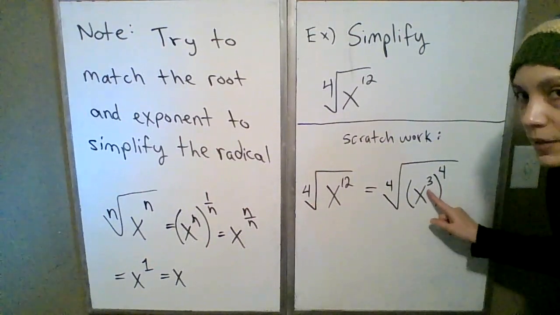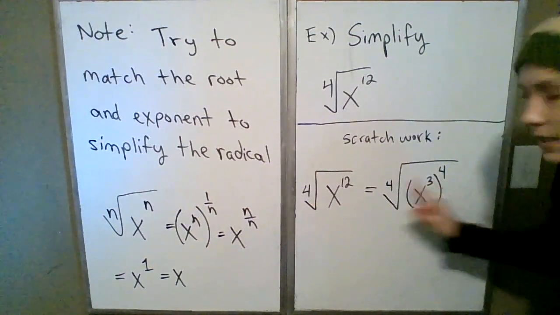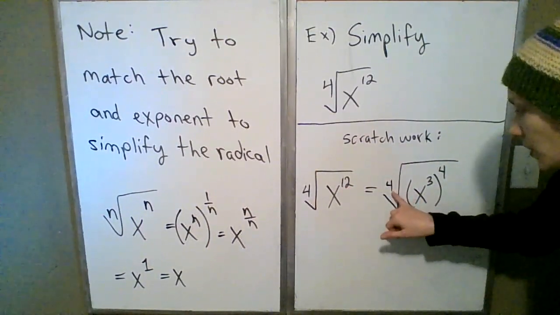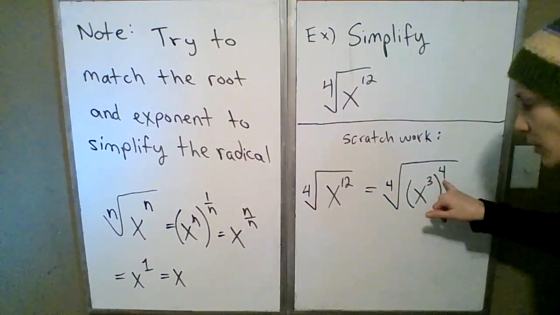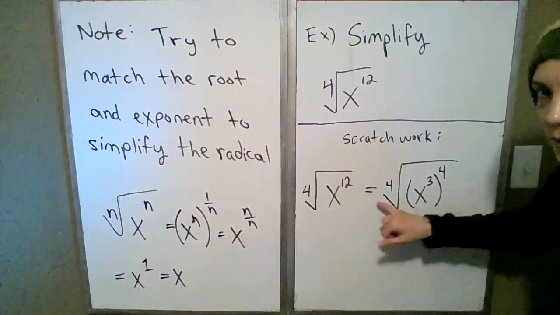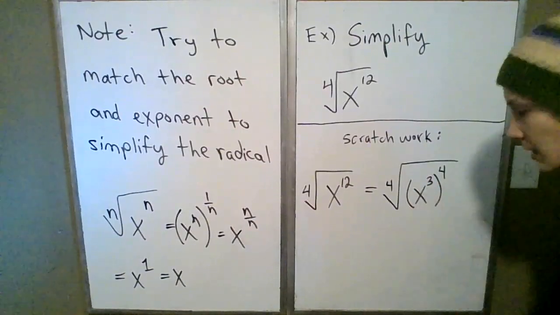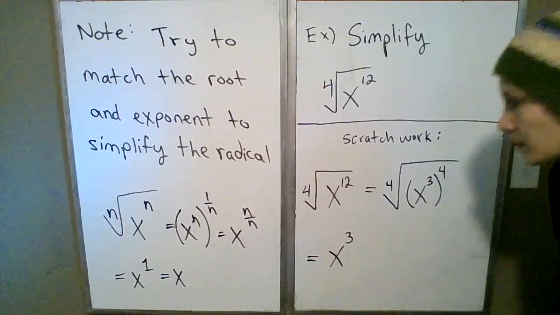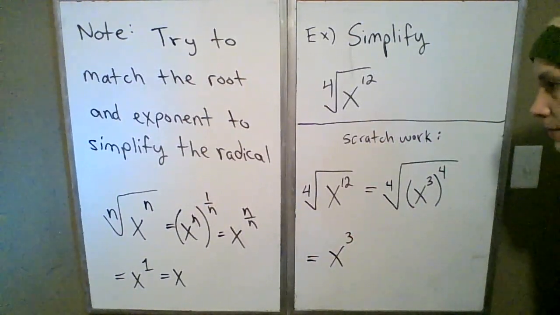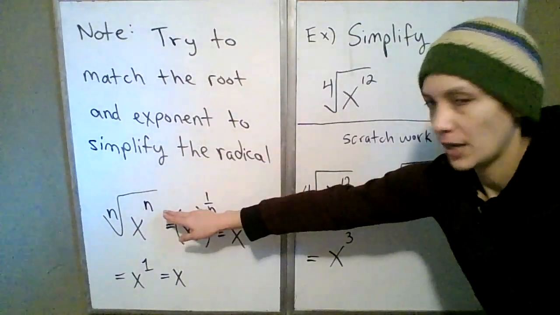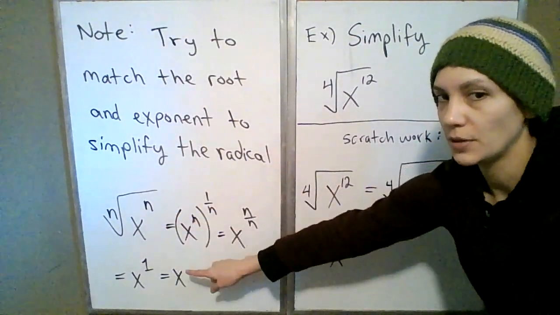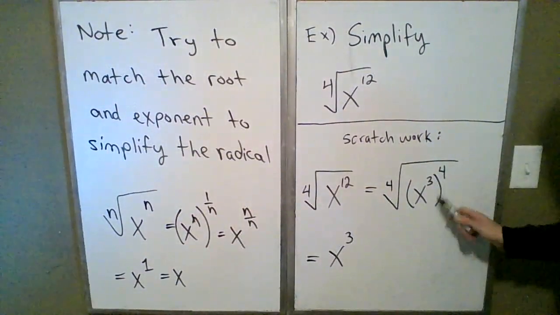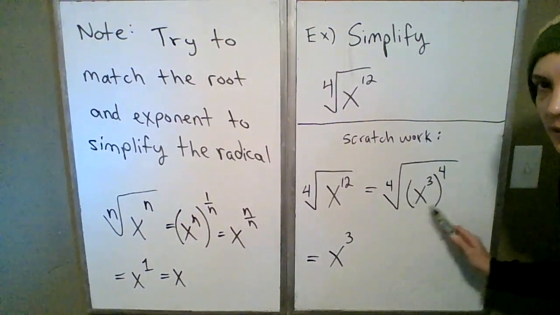Just a reminder, when there's a power to a power, you multiply those numbers together. When your root and exponent match, they'll undo each other and you'll get this x cubed. Just like over here, you have that power n matching that root n. What's left over is just the value x, in this case, this one right here.